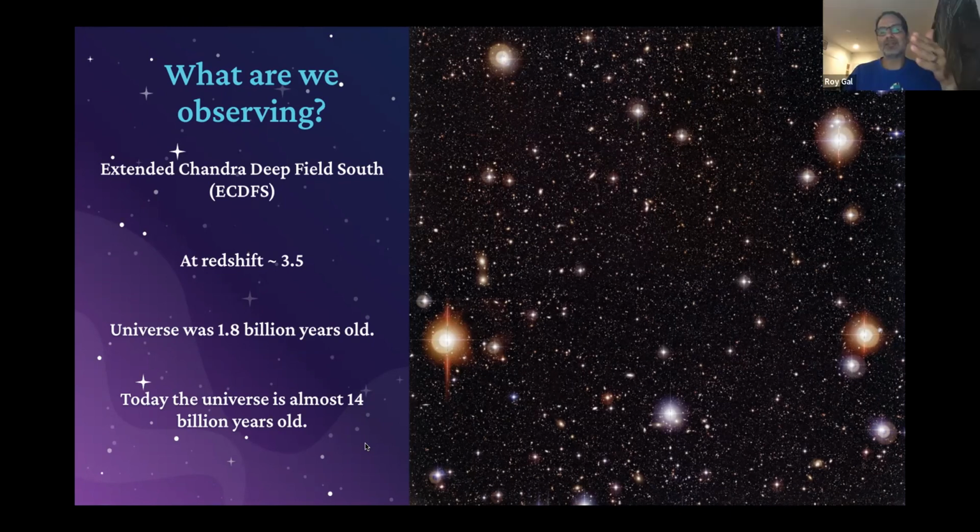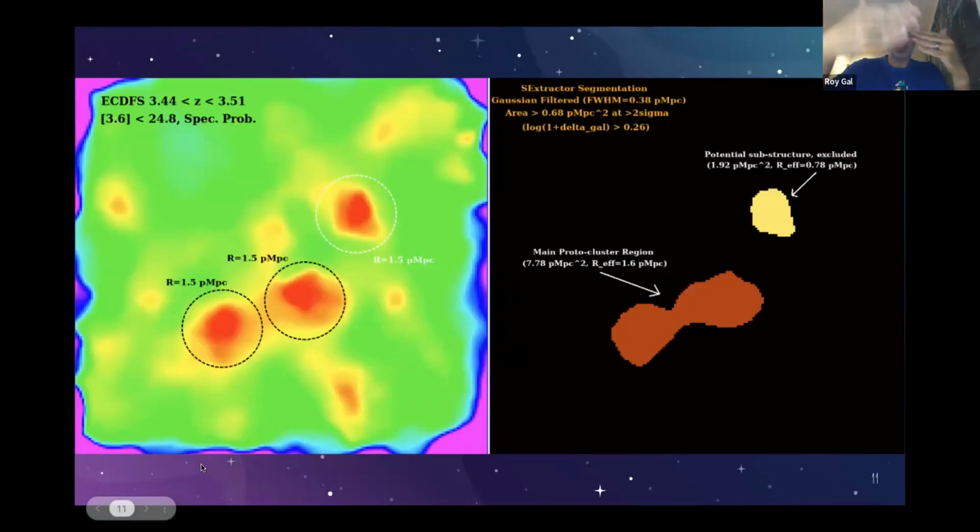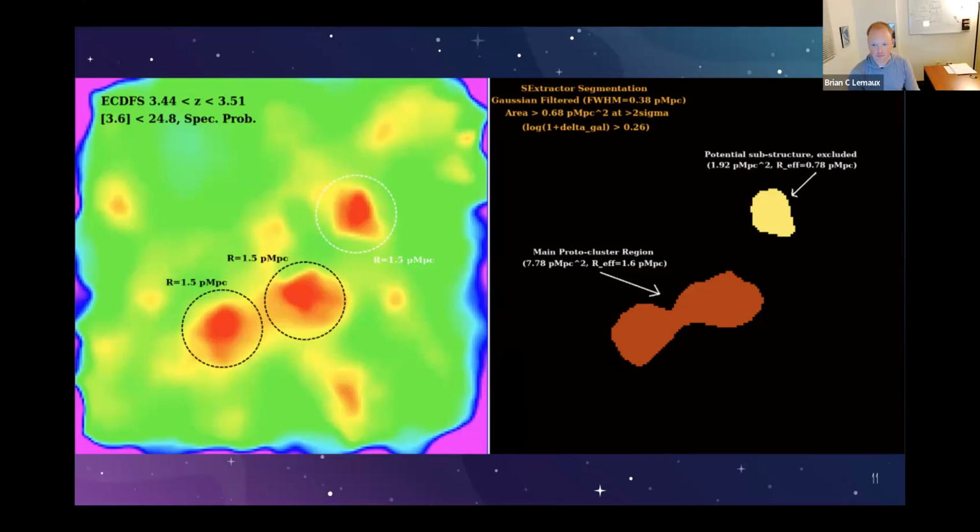And so if you go to the next picture, here's this green and red map, like a slice through the cake. And we found a place where there's a pile of galaxies that are all at the same distance from us and clumped together. So that's one of these clusters or protoclusters that we're interested in studying.